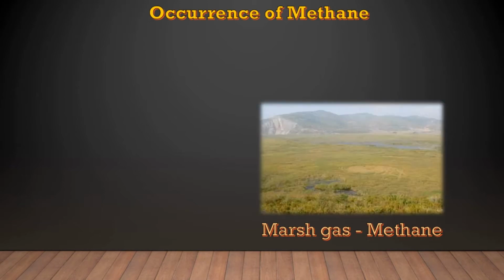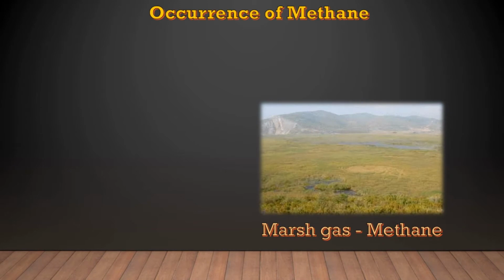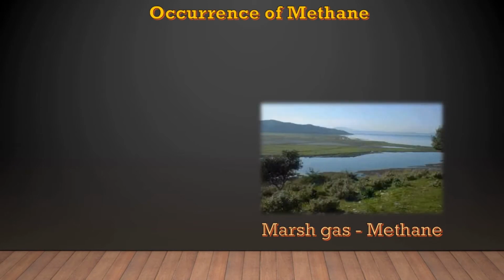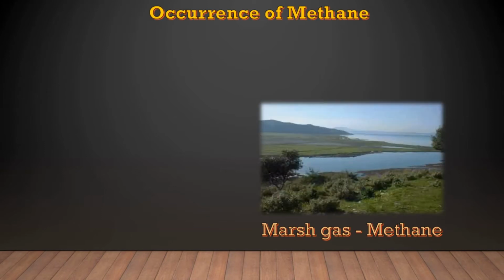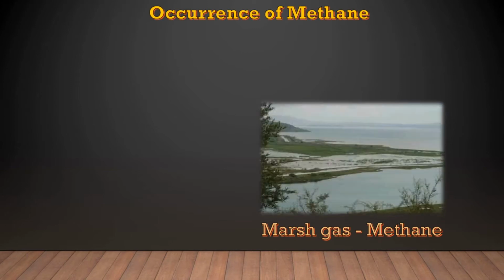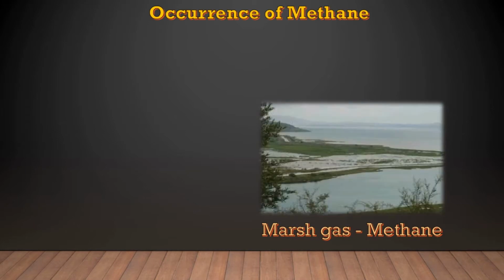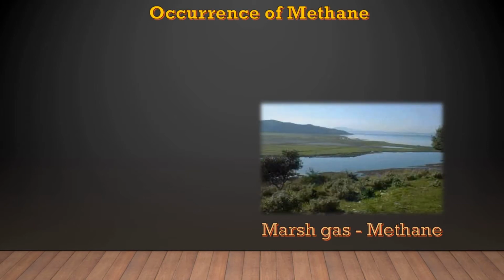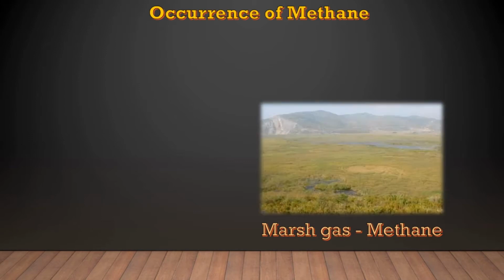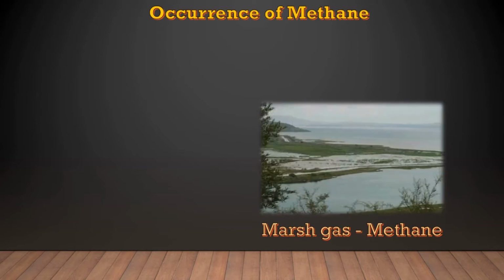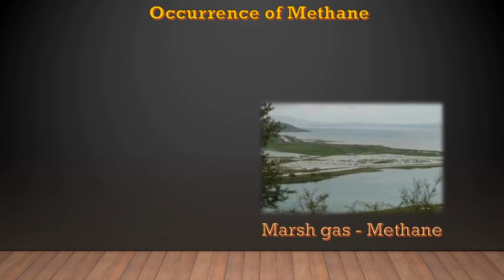Marshy land is a type of wetland, that is an area of land where water covers ground for long period of time, which is usually treeless and dominated by grasses. On marshy or wet surfaces, anaerobic digestion and fermentation of any plant or animal material occurs, which incidentally produces methane gas.